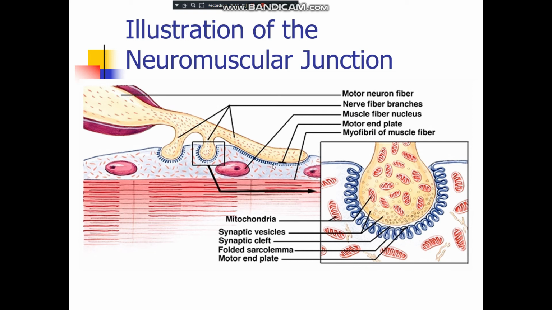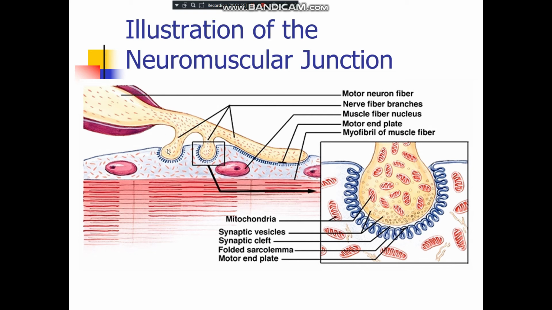The end of the nerve fiber branches is called the motor end plate. This is the motor end plate which communicates with the muscles, and below this lies the myofibril of the muscle fiber.